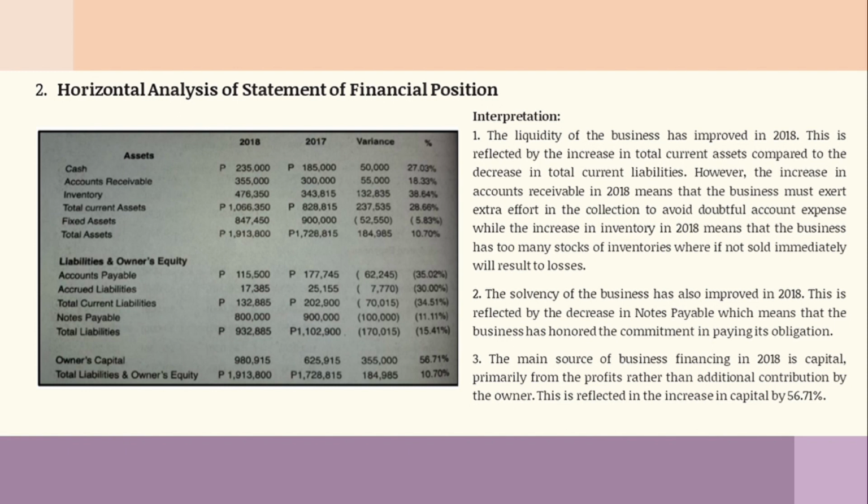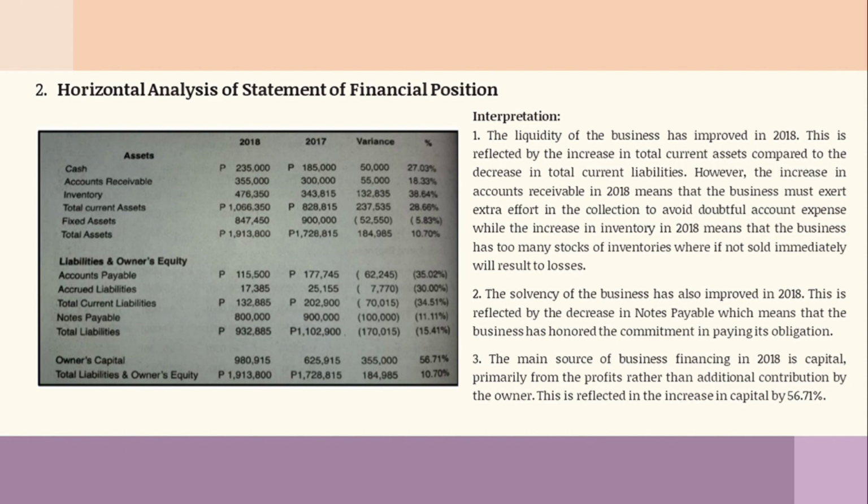So sa interpretation number 1, ang bagaw dide, the liquidity of the business has improved in 2018. This is reflected by the increase in total current assets compared to the decrease in total current liabilities. An improved liquidity is very important talaga siya when it comes to business.